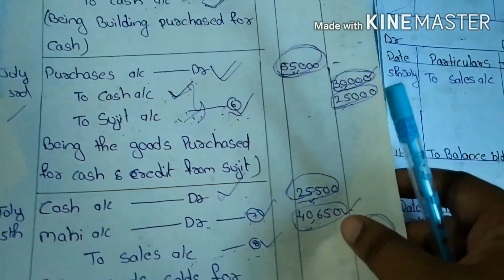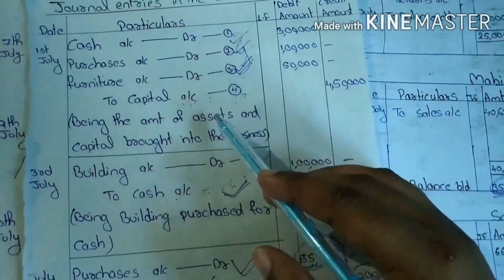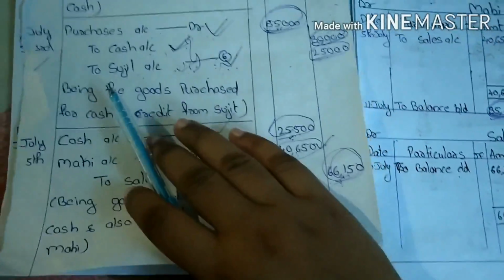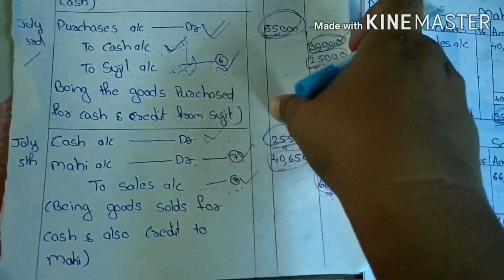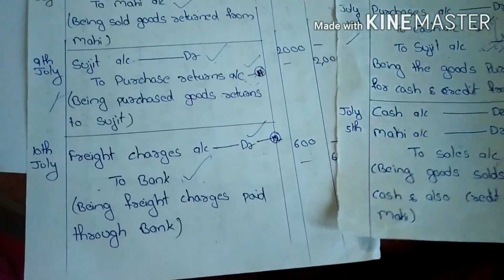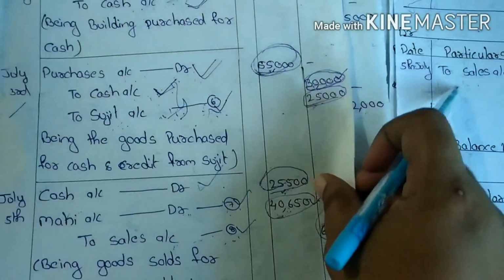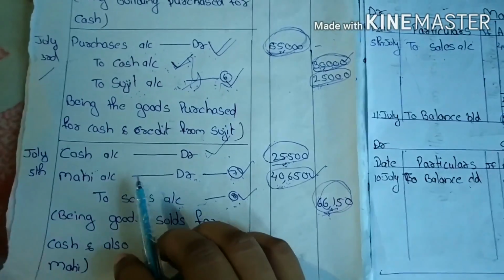See. Next, the 8th one, the sales account. See, here there are no sales. Only one sales entry should be there. Here also no entries related to sales. Okay. So only one entry relates to sales. That was done on 5th July.